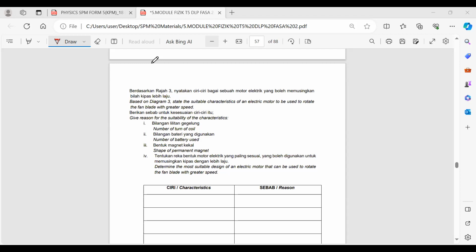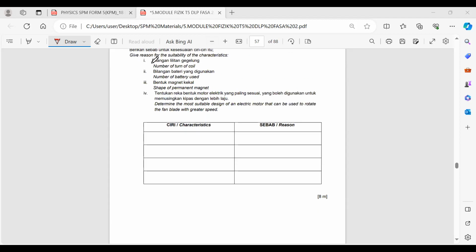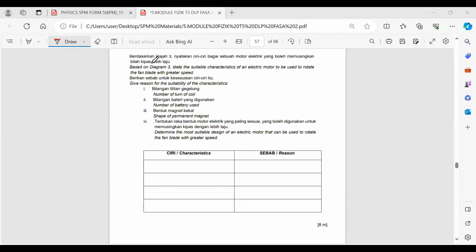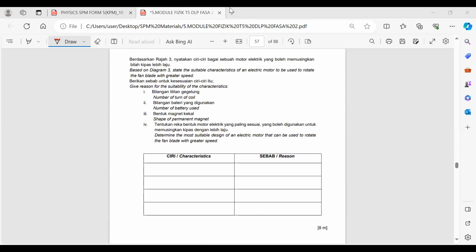Give reason for the suitability of the characteristics: number of turns of the coil, number of batteries used, shape of the permanent magnet, and determine the most suitable design of an electric motor that can be used to rotate the fan blades with a greater speed. So you have your characteristics and reason. Let's see. Try to draft out the answer first. So this is 8 marks.